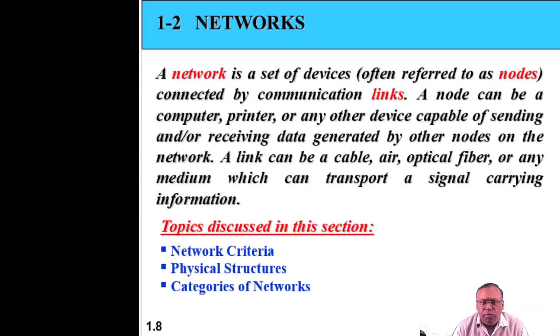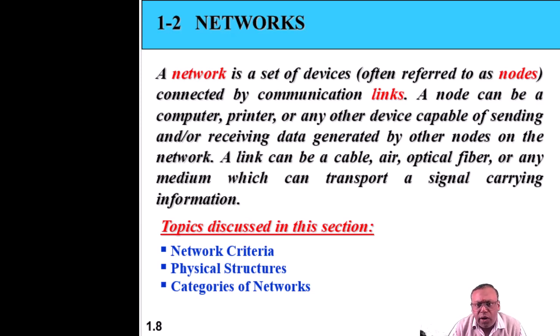Now we will discuss the network criteria. As till now we have learned, a network is a set of devices, like computers, printers, monitors, all these things are devices, and to connect all these devices we need links.